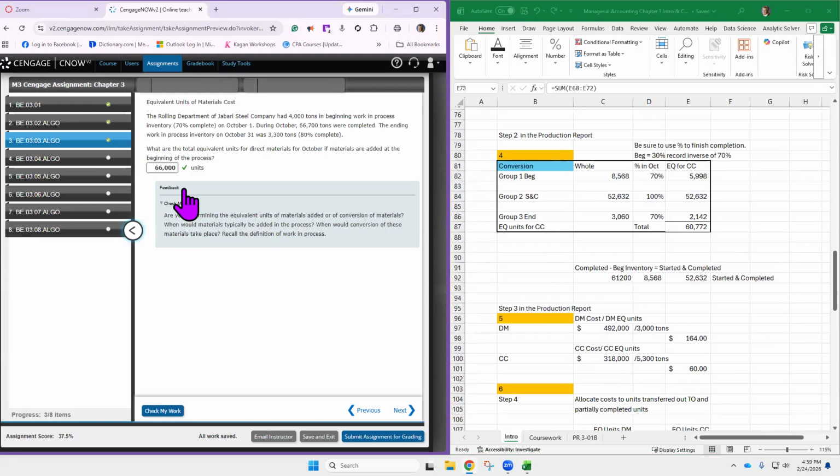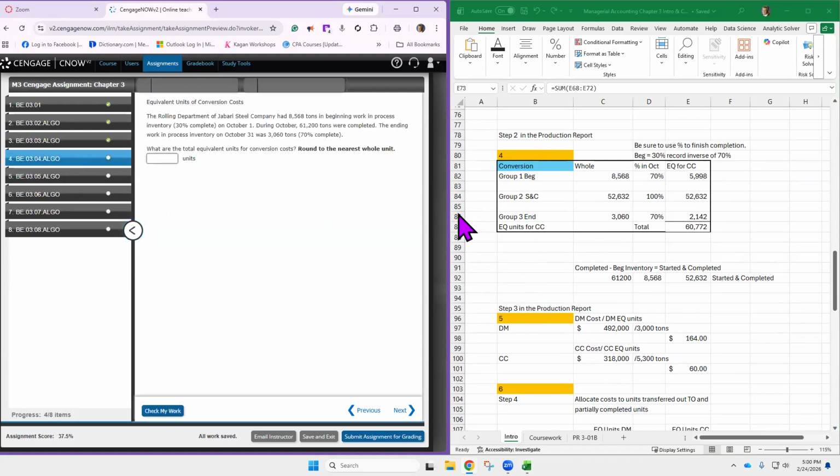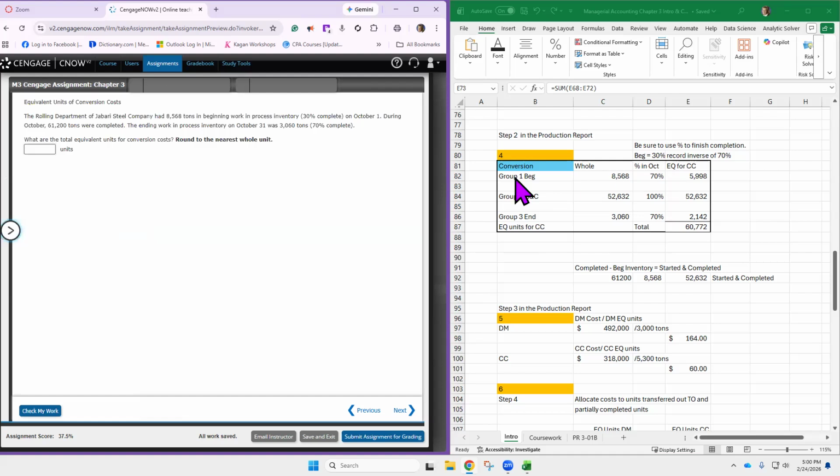you understand. So now we're going to do the second part of step 2, and this is with regards to the conversion costs. Remember, conversion costs are direct labor and manufacturer overhead. Okay, so now we're going to do this. It says that the rolling department had 88,568 tons.